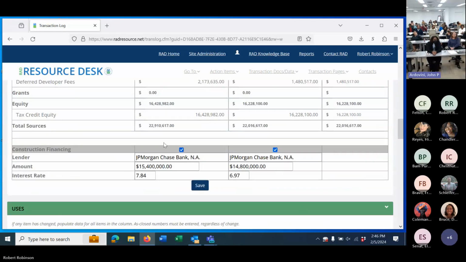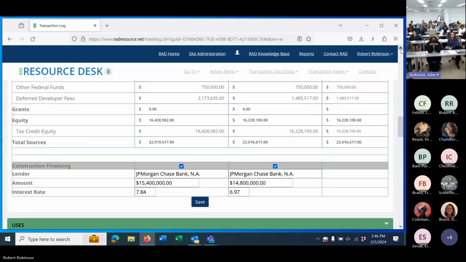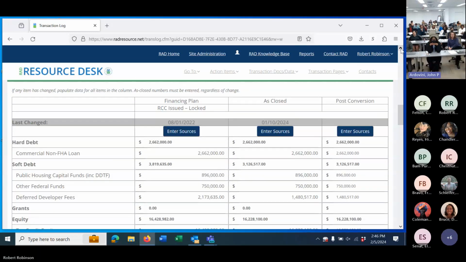So it's right here. It provides you the terms. And just to indicate to you, we have another column here and over there. This is when they do the submission. This is when we approve, and it moves over to closing. If there are any changes, those continue to get captured in those. As you see, Robert has it highlighted there.